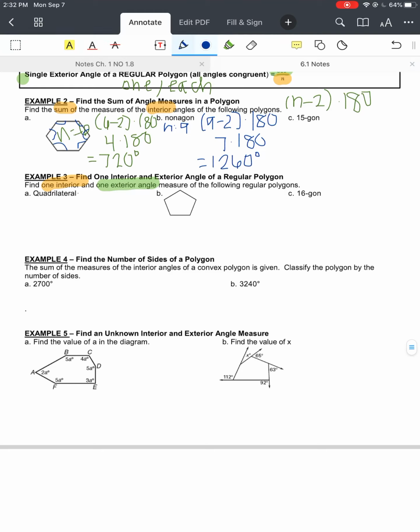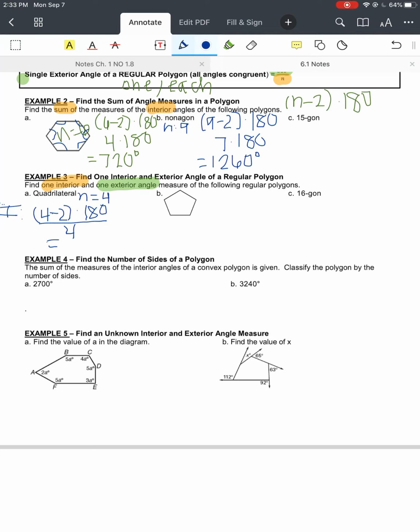A quadrilateral. I just need to know what n is, so n is 4. Quadrilateral is 4 sides. So for interior, the formula is n minus 2, so 4 minus 2 times 180 divided by the number of sides or the number of angles, which is 4.